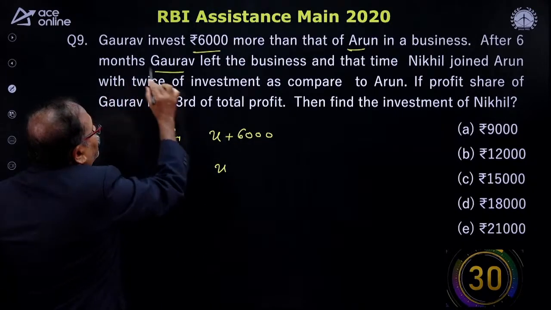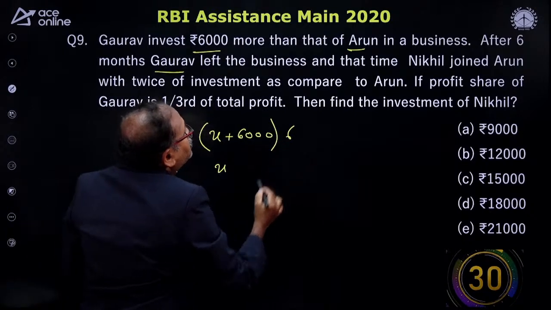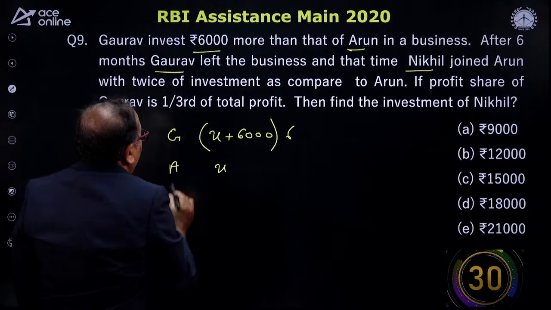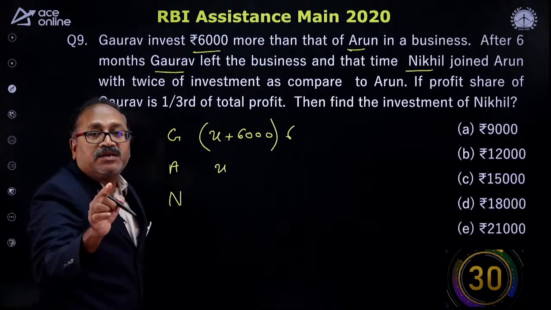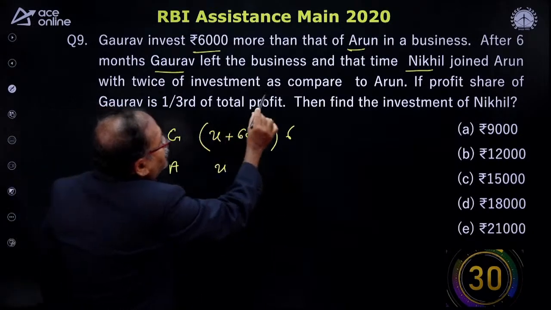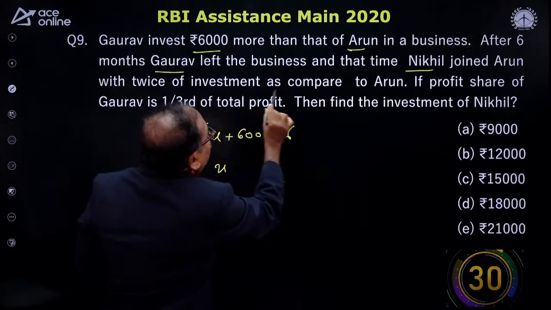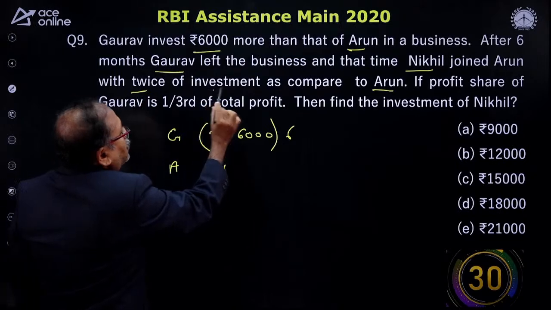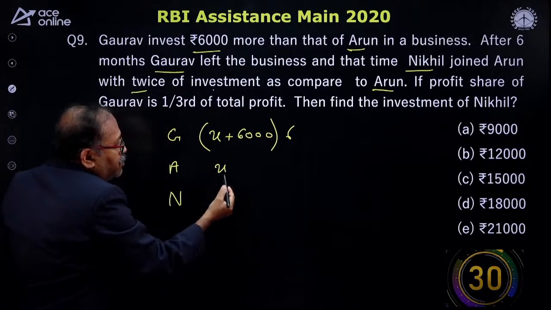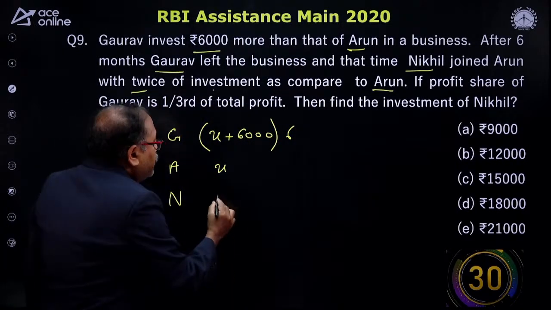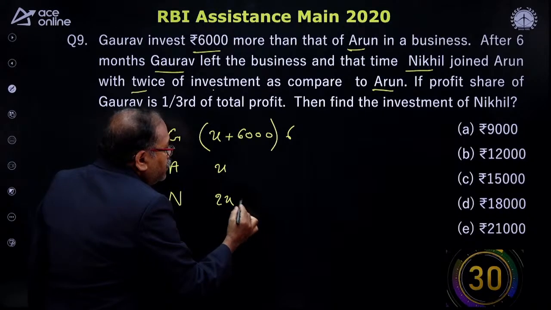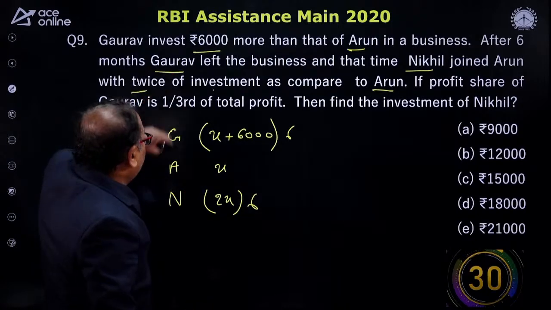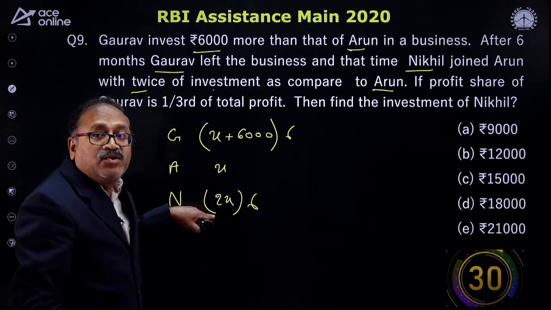Now Gaurav left after 6 months, so he was there in the business for 6 months, and Nikhil joined Arun. So Nikhil is another partner joining here, and he invested twice the investment of Arun. So Arun's investment is X, therefore it will be 2X, and he will also be there in the business for 6 months, because when Gaurav left, Nikhil joined.